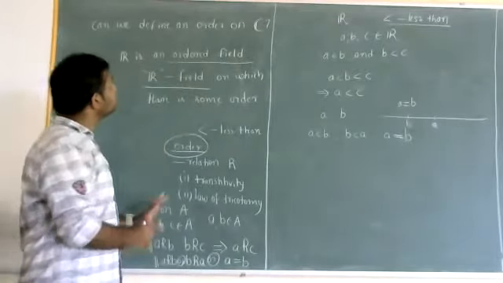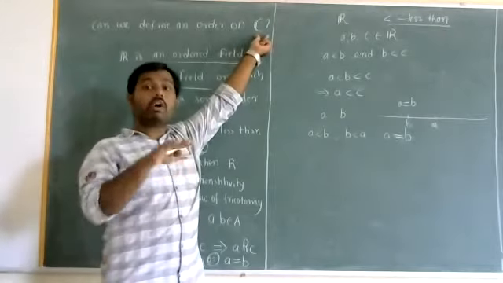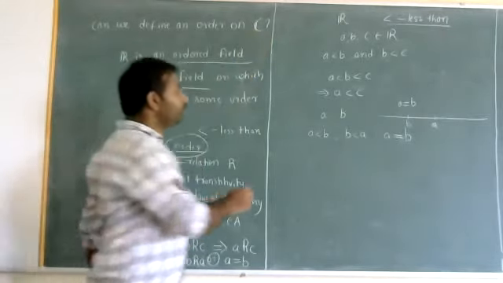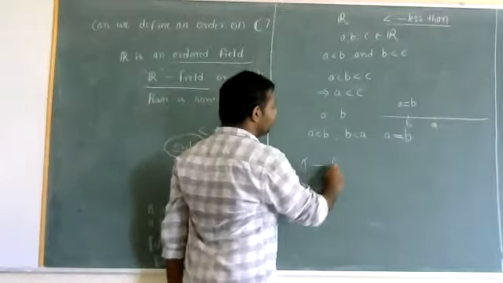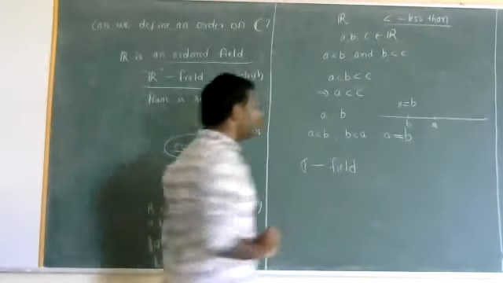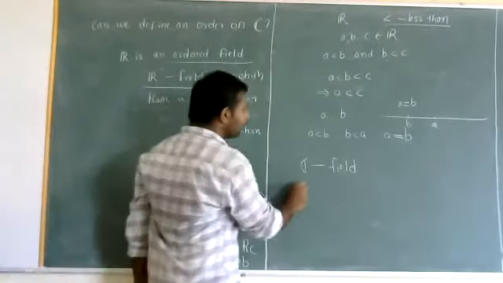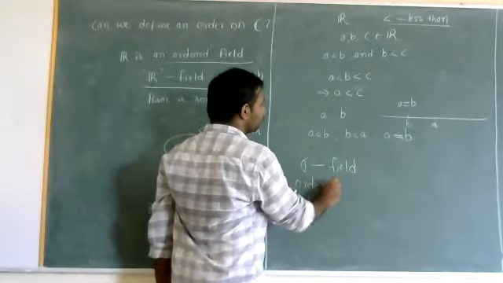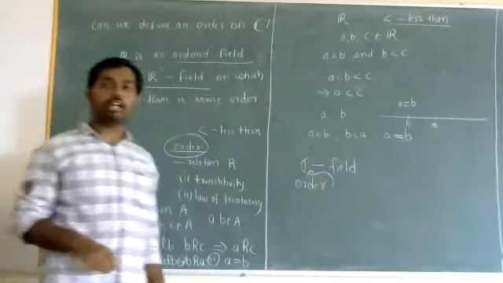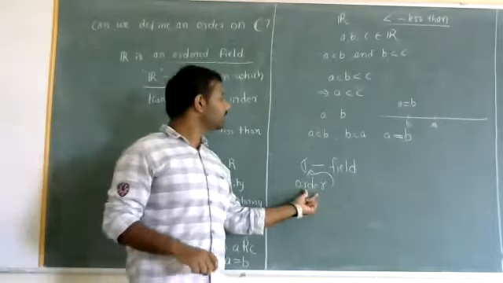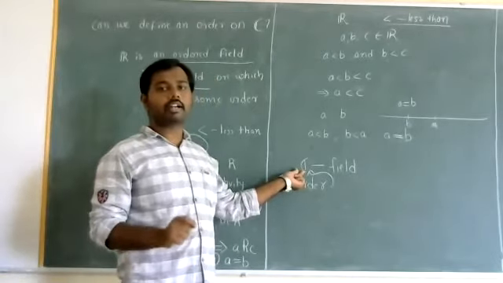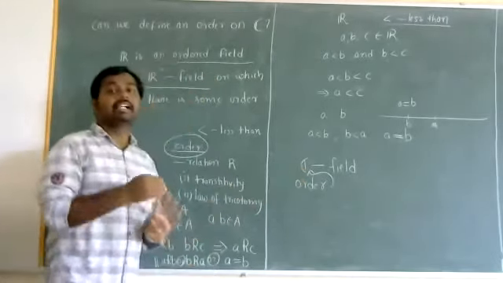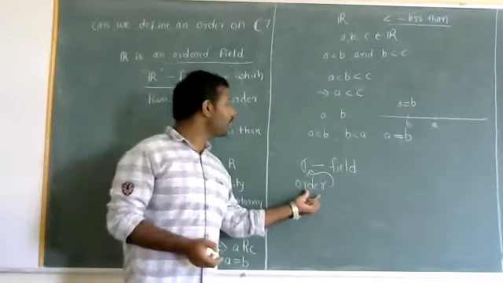So like this, can we make C also an ordered field? You know that C is already a field. If we can define some order on C, then C will also be an ordered field. Now the question is, can we define an order on C?